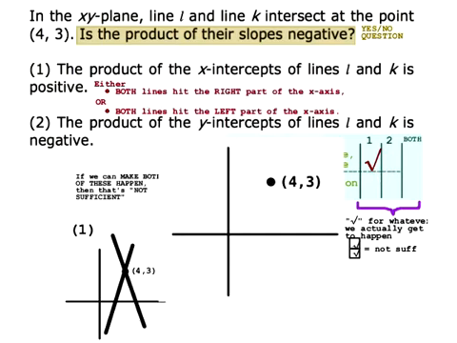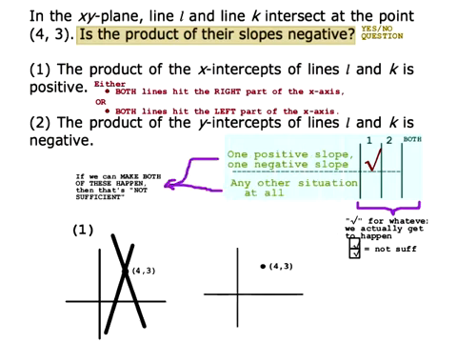So, okay. There's the same situation. We can still have two positive x-intercepts. We can just draw two lines like this. There you go.